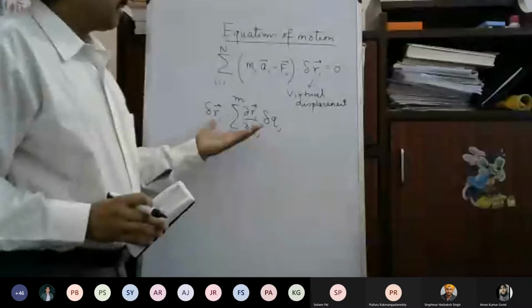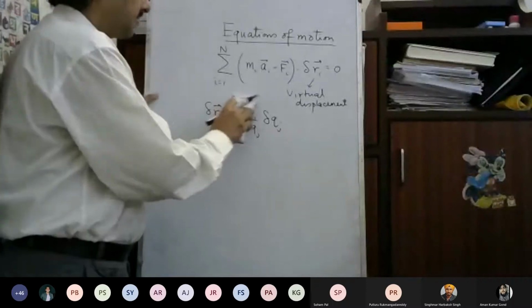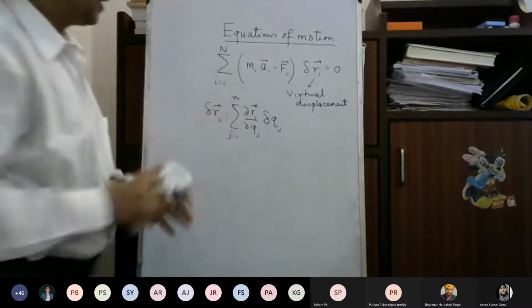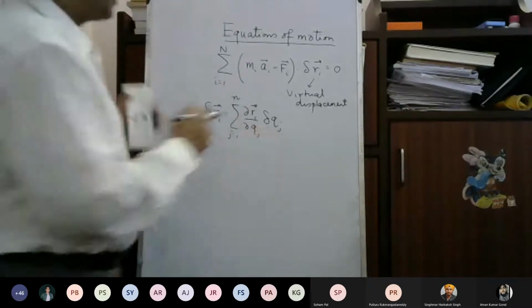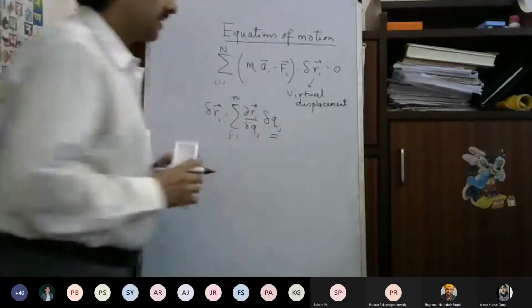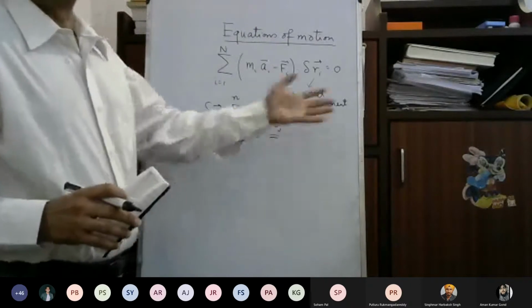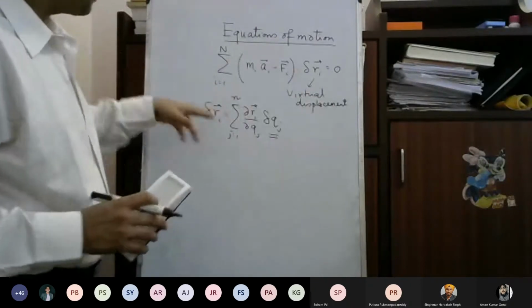So delta q_j's are the virtual displacements of the generalized coordinates. So this is the generalized virtual displacement, one can roughly say.